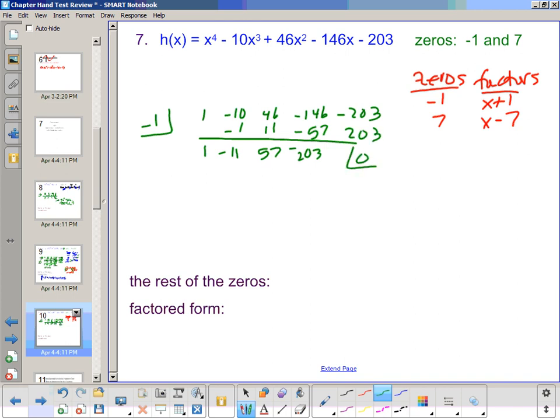There we go. We've got a remainder of 0. Now this is x to the third minus 11x squared plus 57x minus 203. And let's divide that by x minus 7.